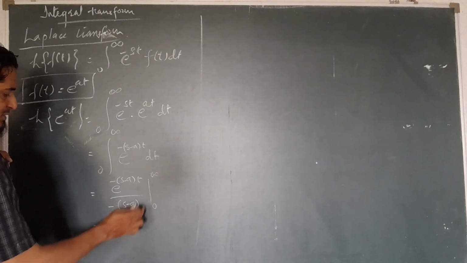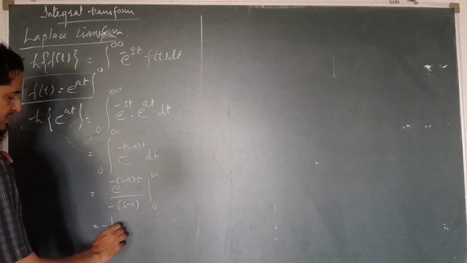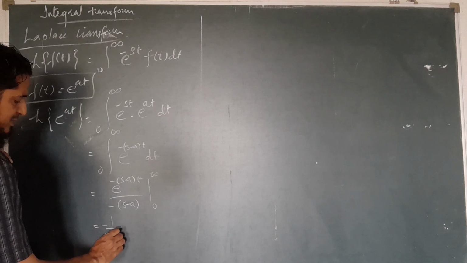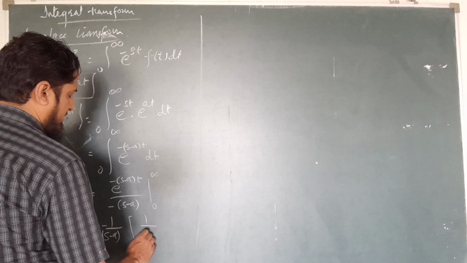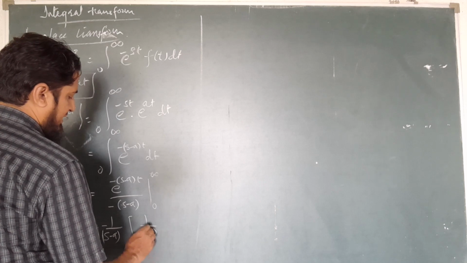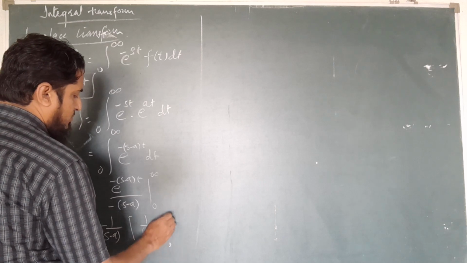Since it is in terms of t, we can take minus 1 upon s minus a outside, and we have 1 upon e raised to (s minus a)t from 0 to infinity.